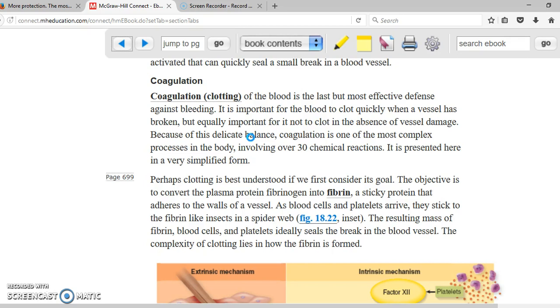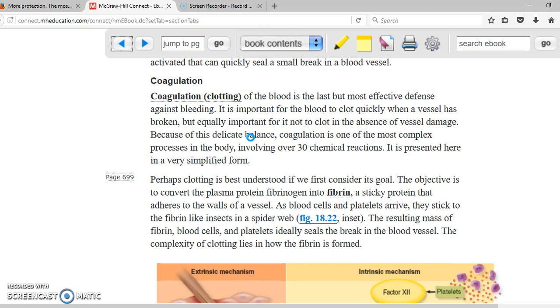The other one is called extrinsic because it doesn't use necessarily all the factors that you have in your blood, but rather it initiates, for example, because the blood vessel opens. So factors in your blood vessels, after they get broken, initiate the coagulation. So if you use factors that are not all in your blood, then it's called extrinsic. If you use only the factors that are in your blood, then it's called intrinsic.